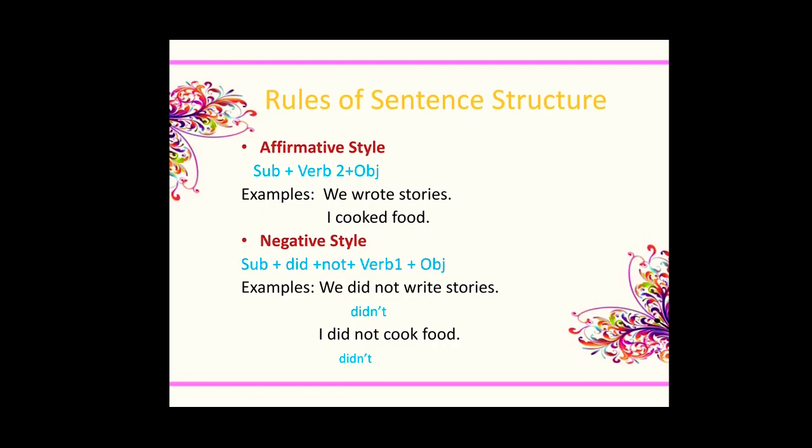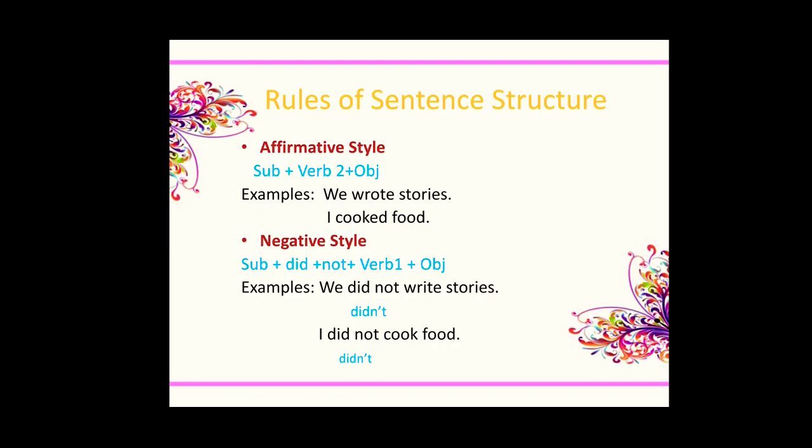First we will talk about affirmative style. Here you have to follow the rule: first use the subject, after that the second form of the verb, and then the object. Again, remember that in affirmative style of past indefinite tense we do not use did.